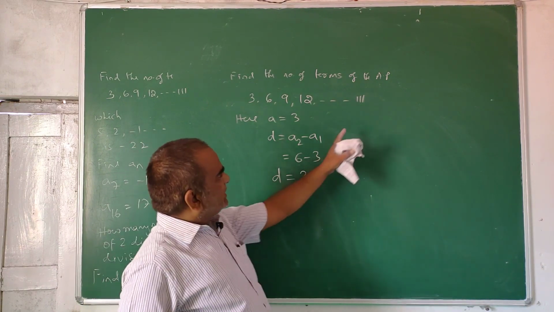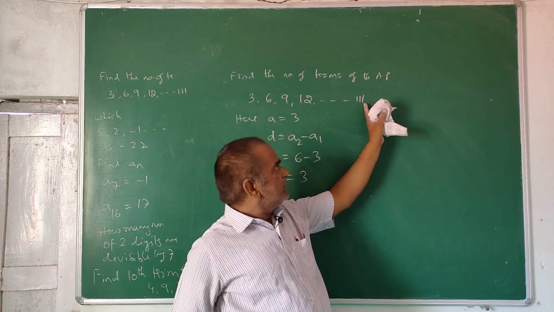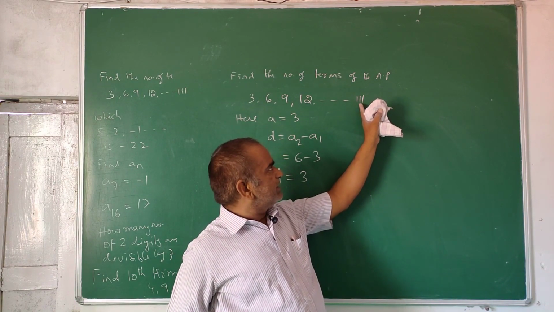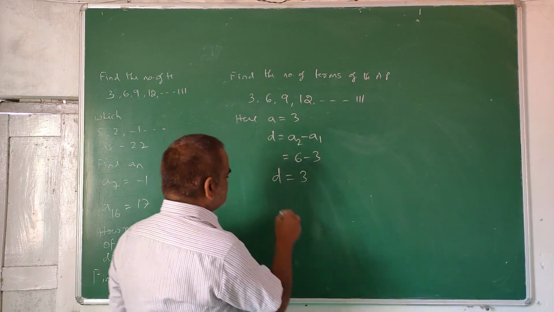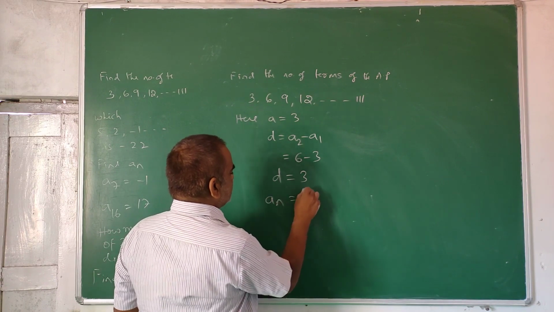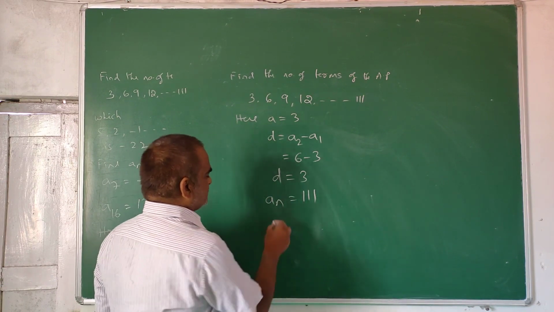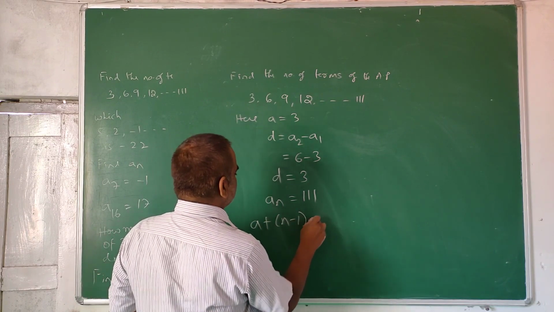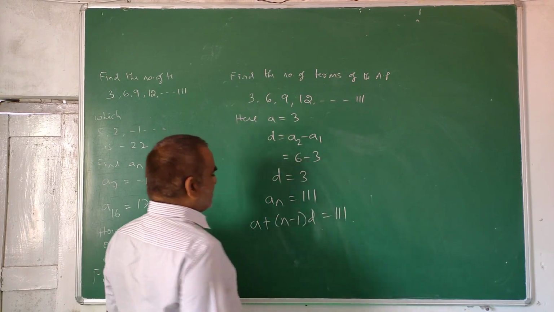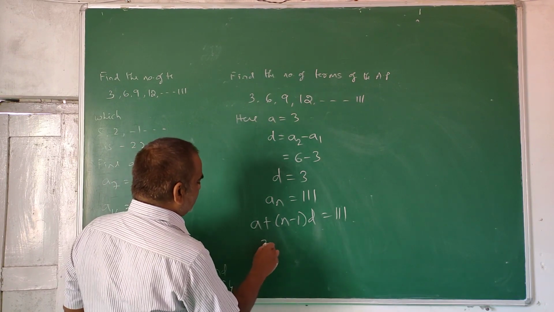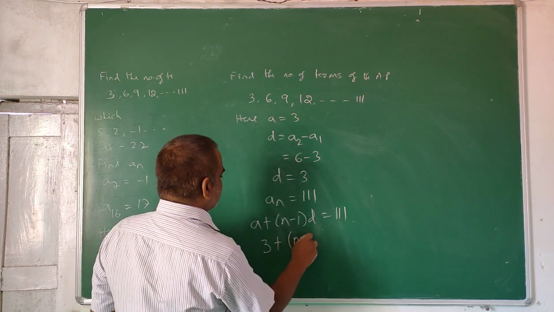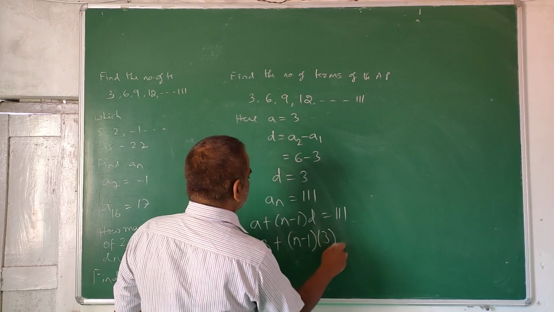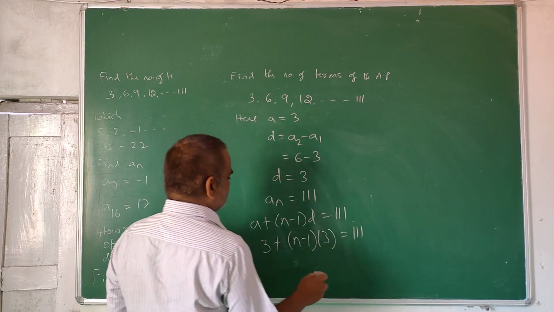Now to get the number of terms, you have to take the last term as AN. AN is 111. So AN means A plus N minus 1 into D equal to 111. So what is A? 3, plus N minus 1 into D, which is also 3, is equal to 111.